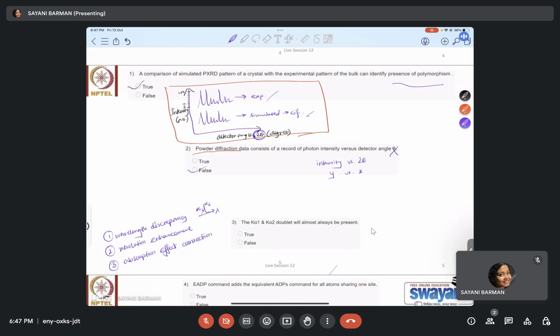So what does it do? Samples will absorb X-rays differently depending upon their wavelength. By utilizing both the K alpha 1 and K alpha 2 lines, we can correct the absorption effect, especially for samples with variations in composition or thickness.